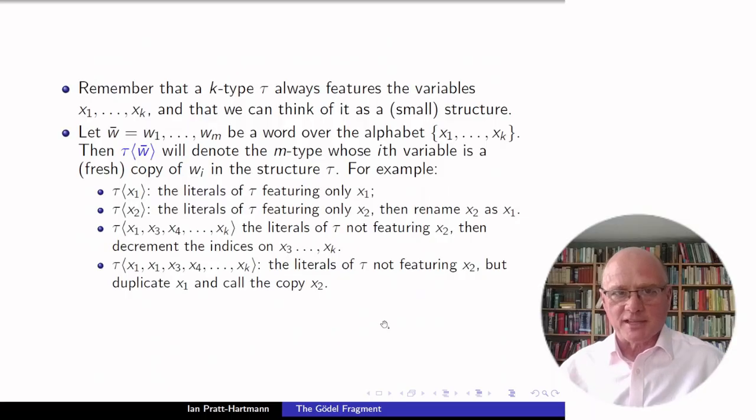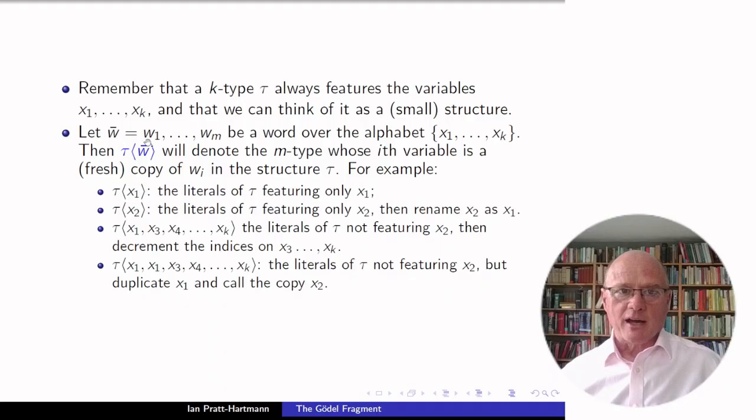It sometimes helps to do things that way. Remember that a k-type Tor always features the variables x1 up to xk, and we'll think of it as a small structure.